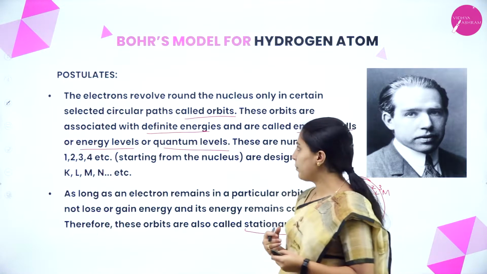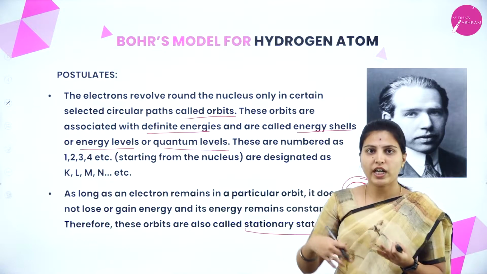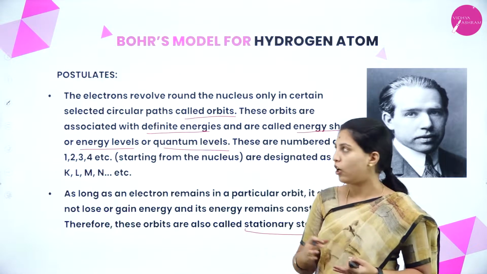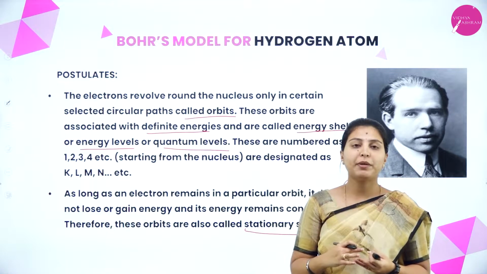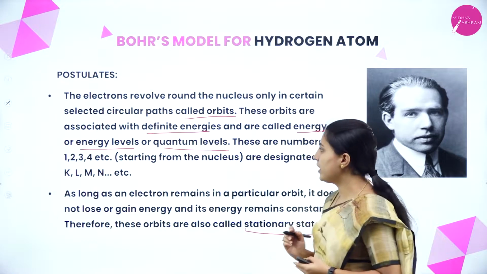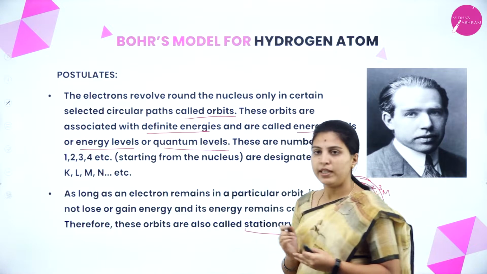Once again, the electrons revolve around the nucleus in selected circular paths. Those circular paths are called orbits. These orbits have a definite energy, which we call energy shells, energy levels or quantum levels.